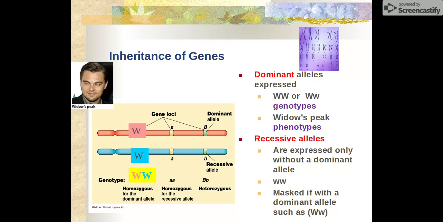And both of these genotypes are going to lead to the widow's peak phenotype. With recessive traits, you can only have the recessive phenotype if the individual is homozygous recessive. So they have to have both recessive alleles in order to have that recessive phenotype. So in order to have a straight hairline, you have to be homozygous recessive.